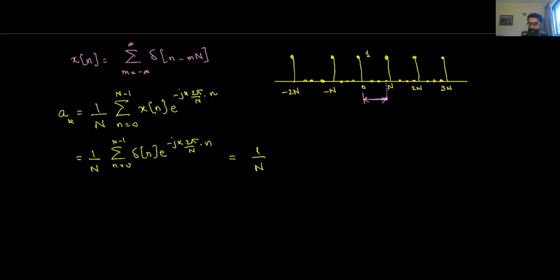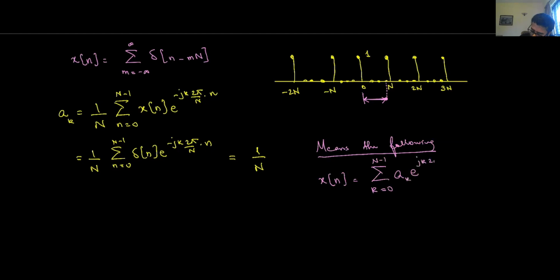Now, one implication: what does this Fourier series say, what is its meaning? It means the following. The Fourier series representation says x of n is equal to the summation over k equals 0 to N minus 1 of a sub k e raised to power j k 2 pi by capital N times n.